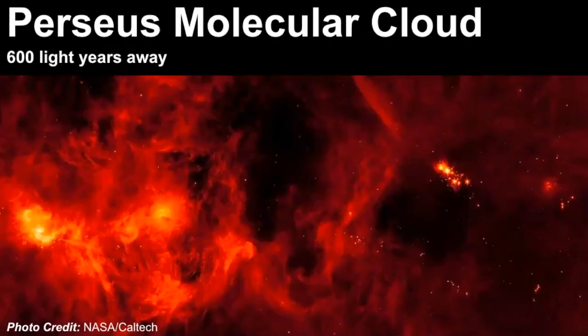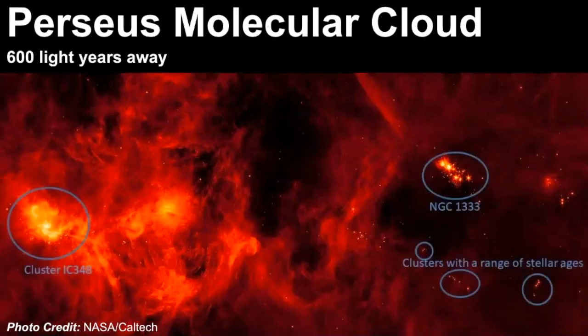Here is a picture that was taken by NASA and Caltech, and this is primarily looking at it using infrared wavelengths. And if we were to identify what's here, you have NGC 1333, that's another nebula that's right here. You also have different clusters right here that have different ages. And then here is another star cluster that's kind of embedded within this cloud, and this is called IC 348.